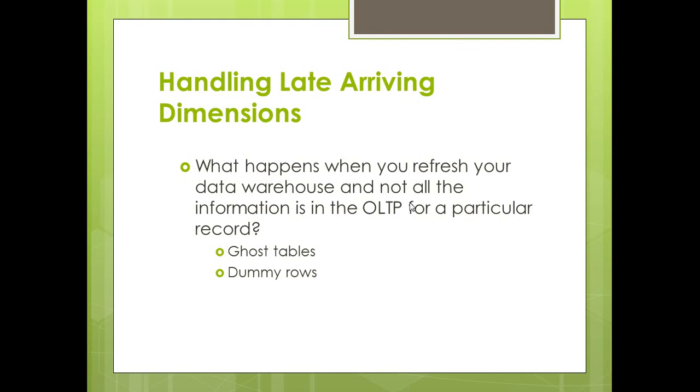So between a load, you might get the fact table record, but for some reason on the actual OLTP side, the dimension data wasn't completely completed. So basically there are techniques used to handle this. It's more of a complex situation, and certain terms you'll hear used are ghost tables and dummy rows. These are 2 different techniques used to handle this particular situation. I suggest you go and read up on it on your own. I might mention it in the next lecture.